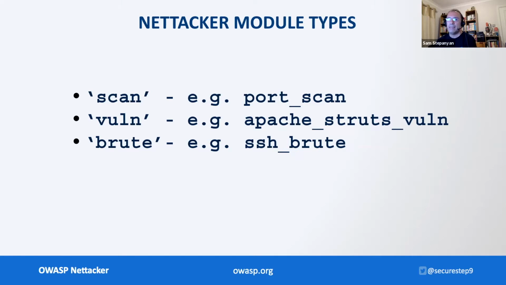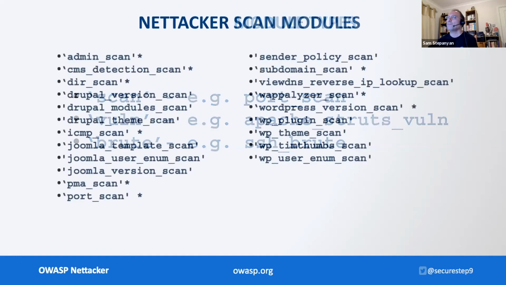And it has modules of type brute, and that stands for brute forcing. For example, the SSH brute module will try to perform brute forcing using the SSH protocol. That's it. So basically 3 types of modules: scan for something, look for a particular vulnerability, or perform brute forcing. That is what Nettacker is in a nutshell.